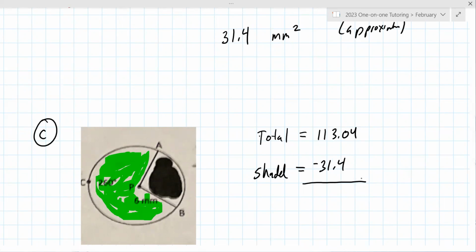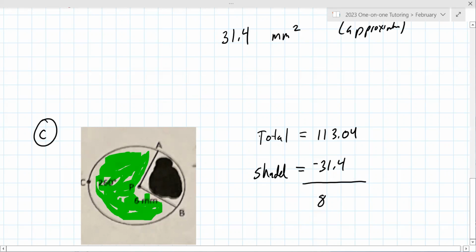Can you subtract those? Yes, 113.04 minus 31.4 is 81.64. Yeah, that's correct, 81.64.